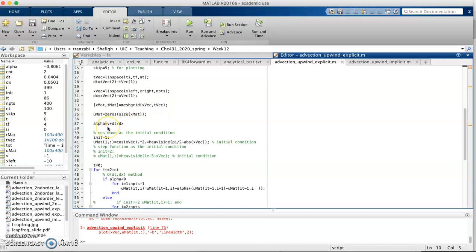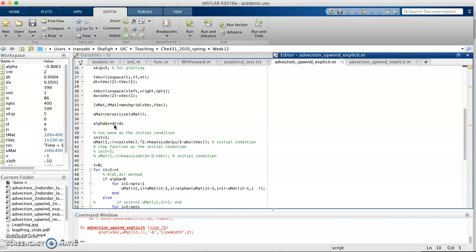All right, so we create our alpha, which, if you remember from CFL condition, that is the velocity times dt over dx. This is non-dimensionalized velocity. V is the real velocity, and then dx over dt is the reciprocal, the numerical velocity. And so what we are doing here is we're dividing the actual velocity by the numerical velocity.